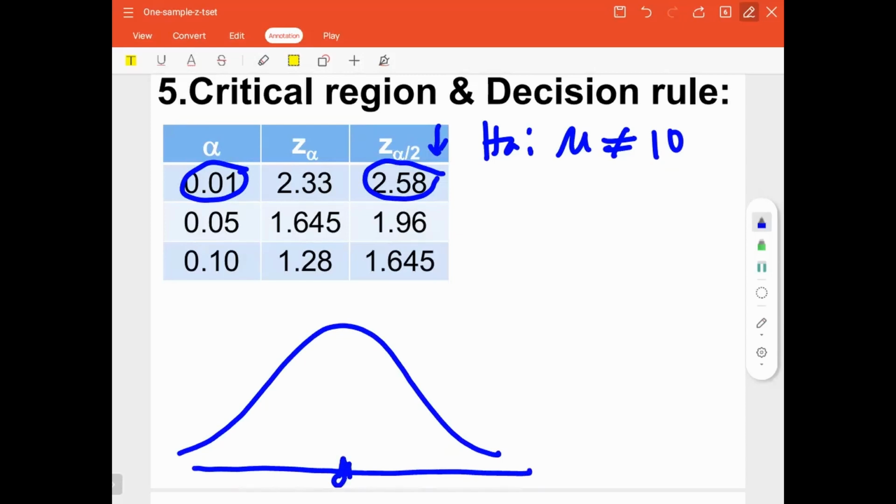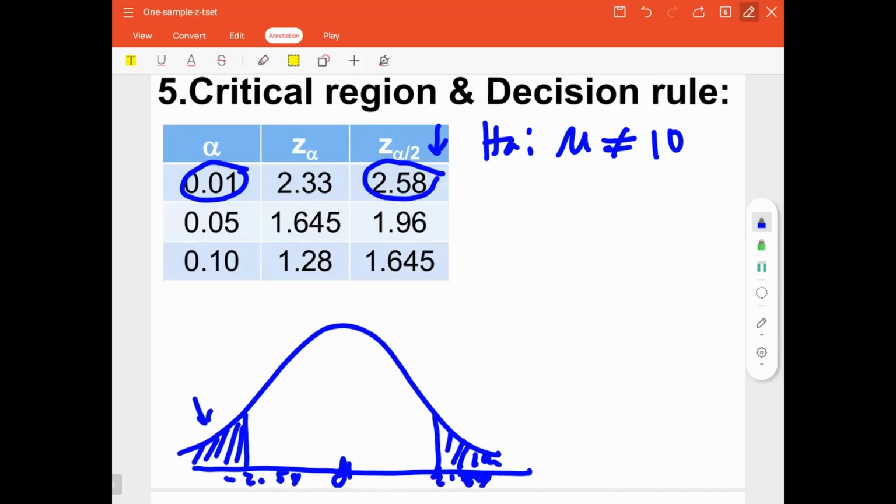For a two-tailed test, that's why it's called two-tailed, because we have two tails of the distribution, giving us the rejection region, or the critical region. This is the left tail, and this is the right tail. The critical value 2.58 is the boundary here, negative 2.58, and this is the positive 2.58.